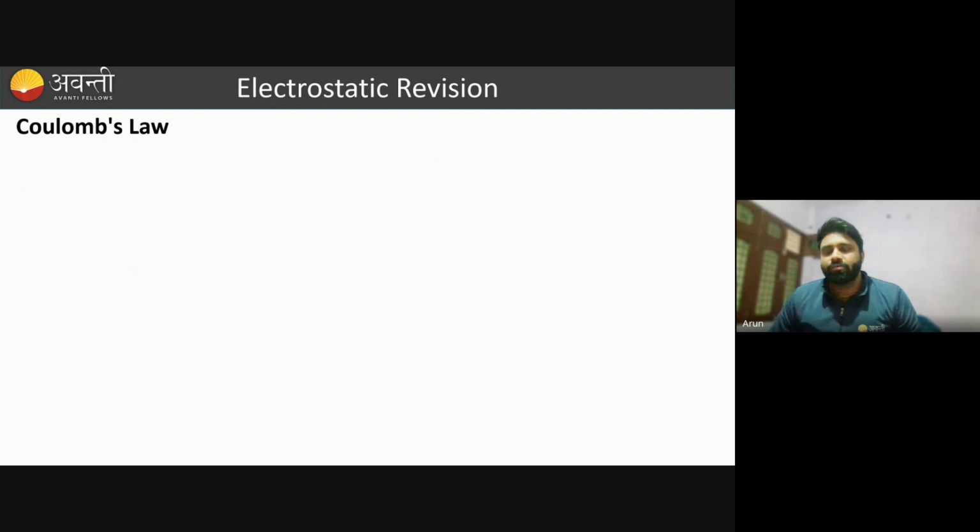Now Coulomb's law says that there are two charges in the system, q1 and q2, separated by a distance r.